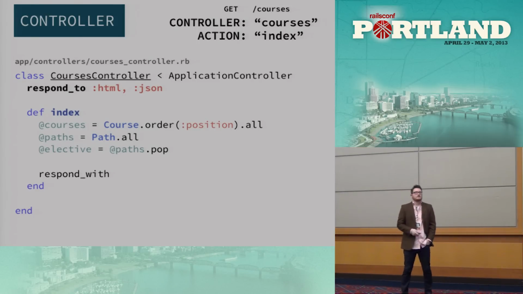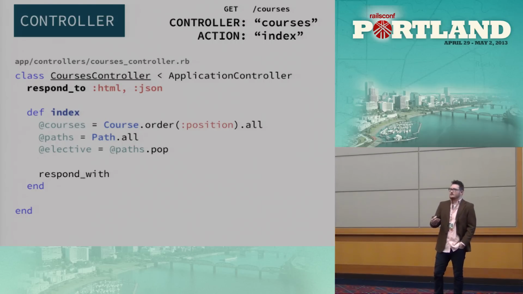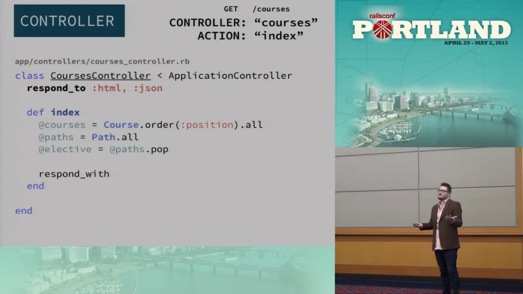Actions are a place for you to gather information about a certain type of request, a certain type of action. In this particular case, we are wanting to look up a list of courses.